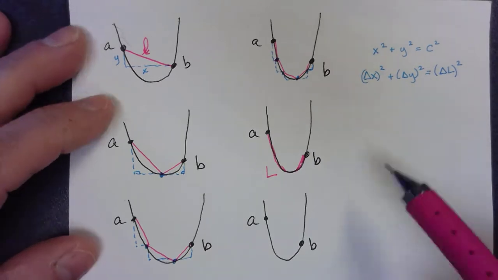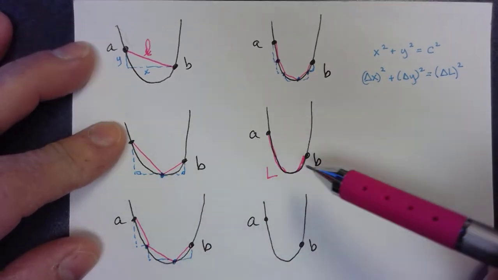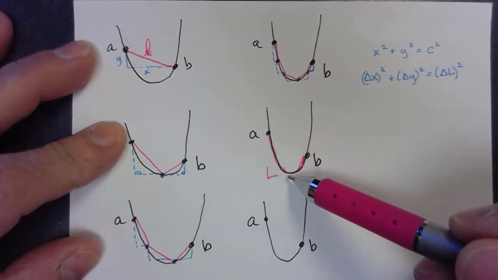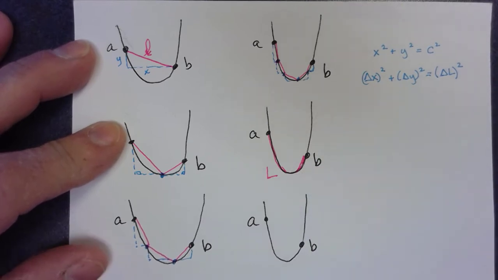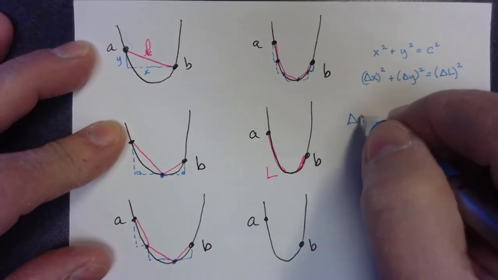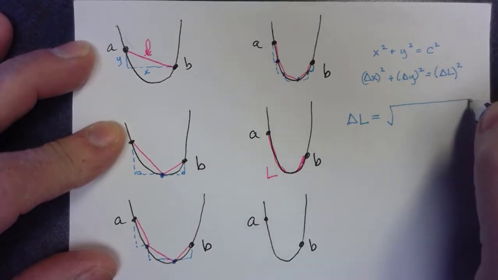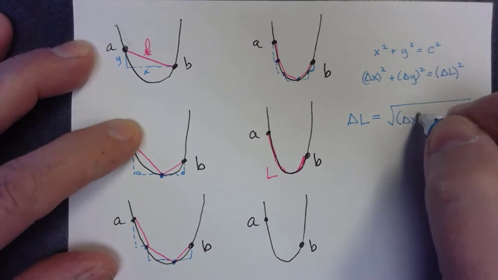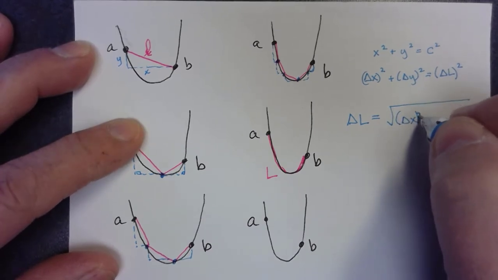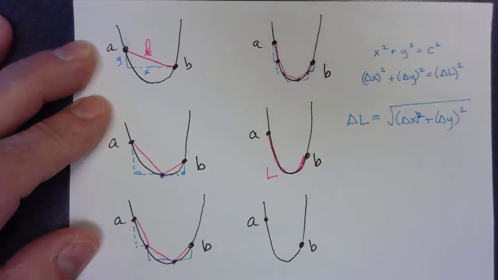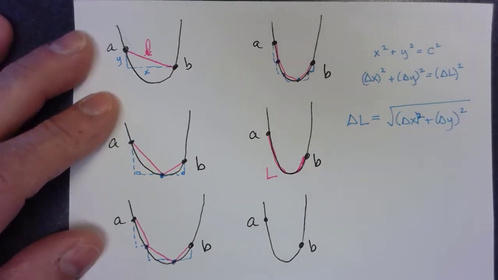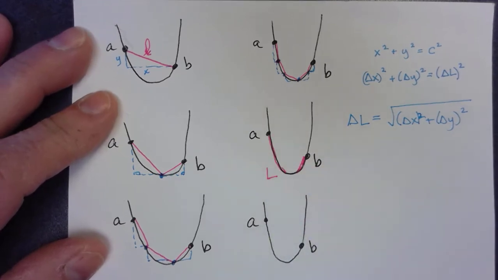Now, what made us able to get closer to this? Well, my change in L would be the square root of my change in x squared plus my change in y squared, right? And what is going to give us the most accurate value for the length of the arc?